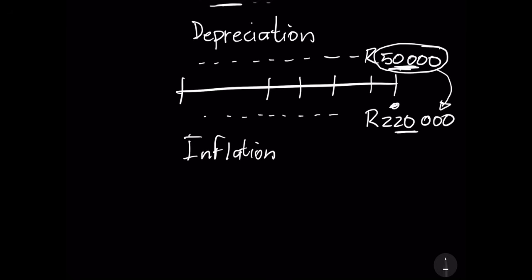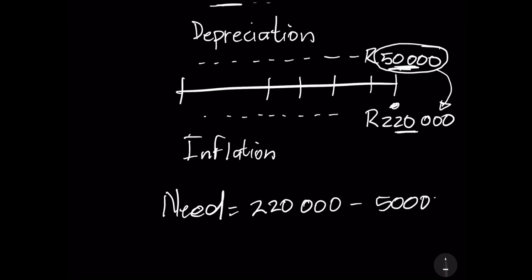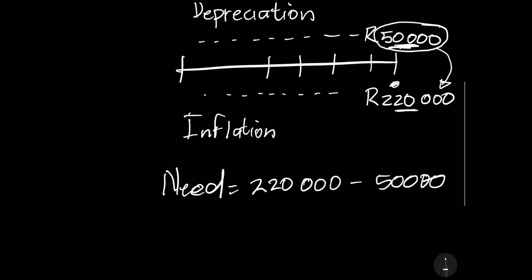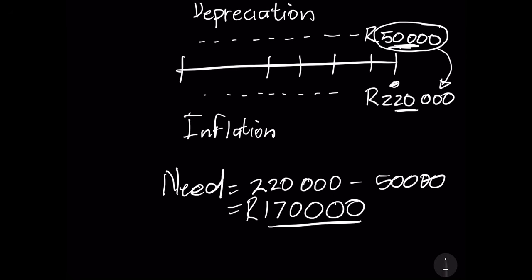They need the difference, 220,000 minus 50,000. I'm explaining this so that once we take a question, you'll be able to follow on. So the owner would now need 170,000 rands in order to replace the car.